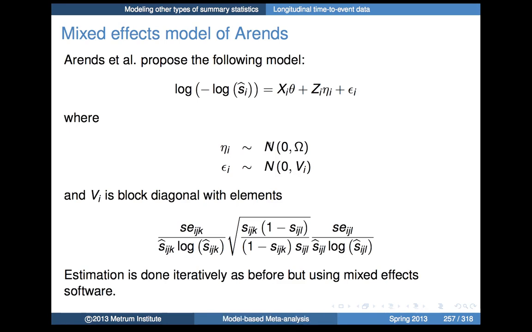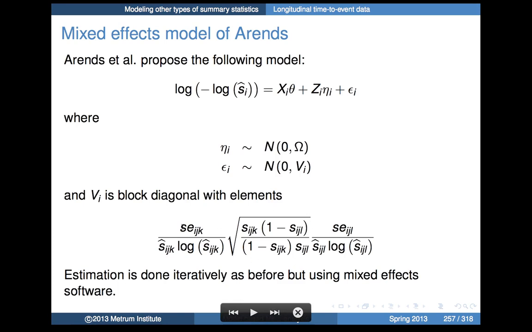Now, V_i has a slightly different structure because we're working on this transform scale. And so it's fairly straightforward to show that you can use the delta method to approximate what the residual variance of this transformed response should be. And it looks like the ij, or in this case, I should say the kl element of that matrix looks like this. Again, the correlation piece here in the middle is the same as we had before.